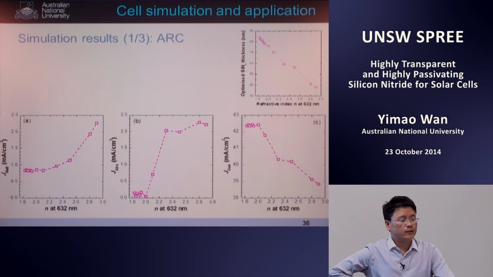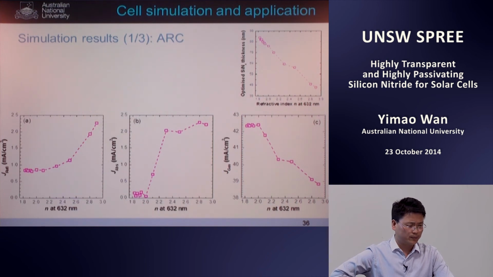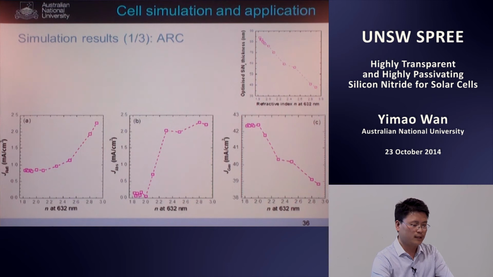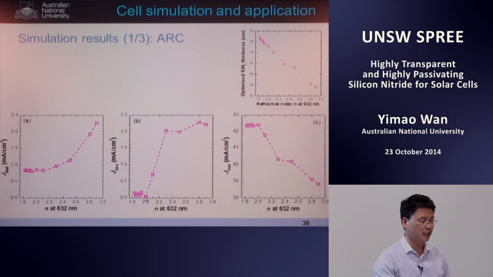So the first simulation result is ARC performance. The simulation optimizes the silicon nitride thickness to maximize the generation current. As we can see, as the refractive index increases, the optimal silicon nitride thickness decreases, and the reflection increases, and the absorption is almost negligible up to a refractive index of 2.0, and then increases quite significantly.